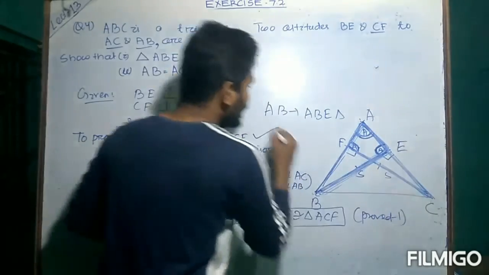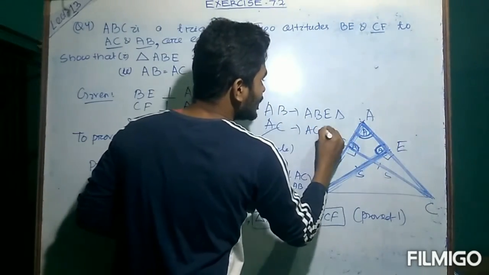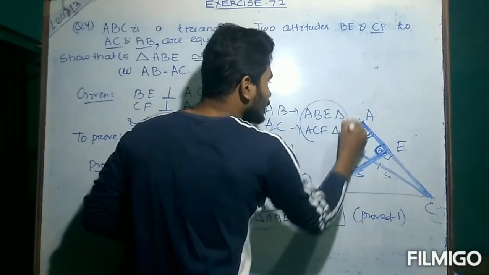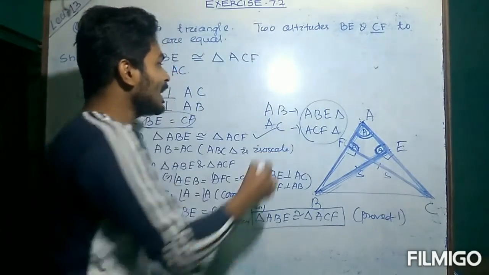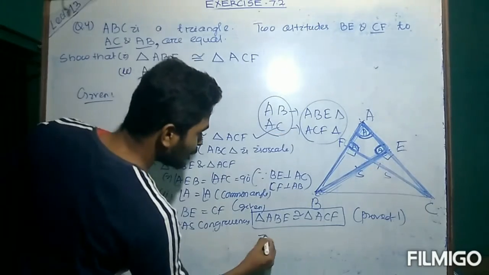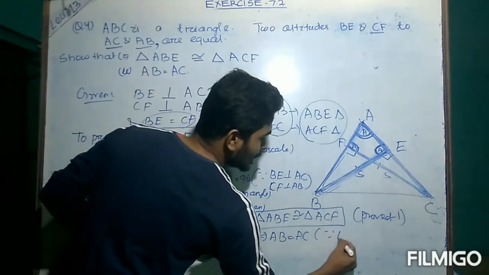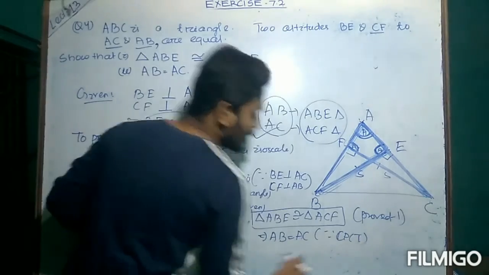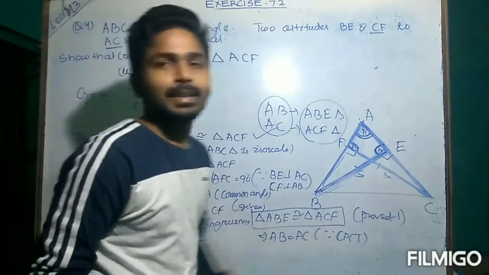And AC is the corresponding side of which triangle? ACF triangle. We have proved that these two triangles are congruent. That means their corresponding sides must be equal. So AB is equal to AC. CPCT. Understood?